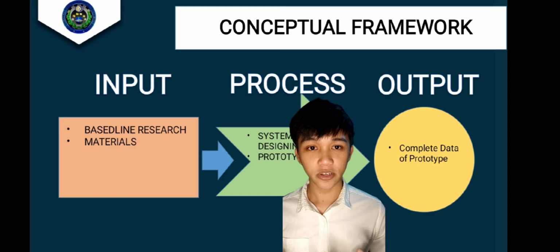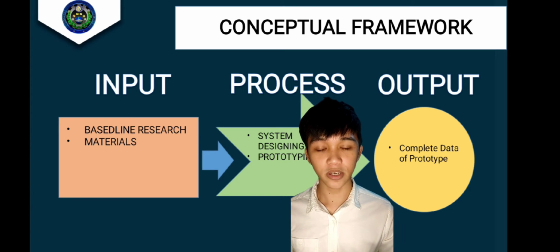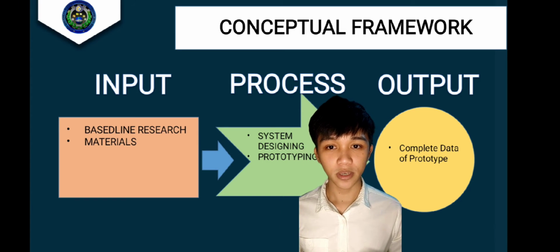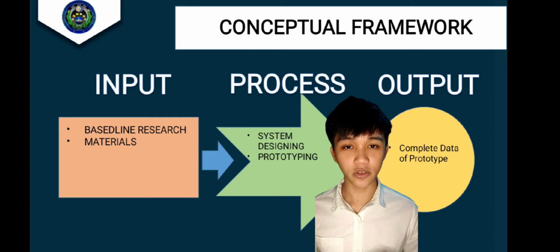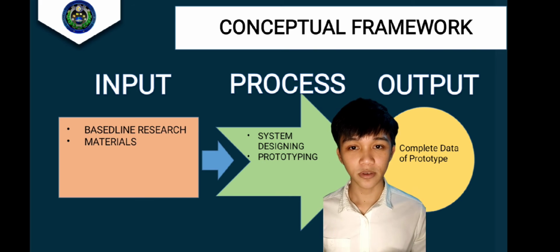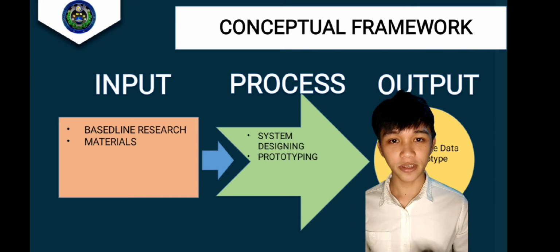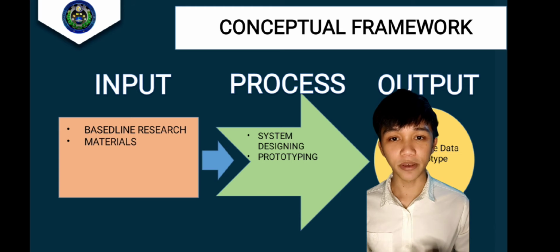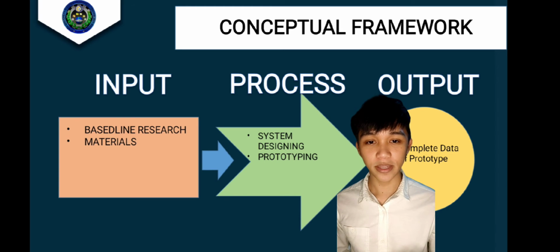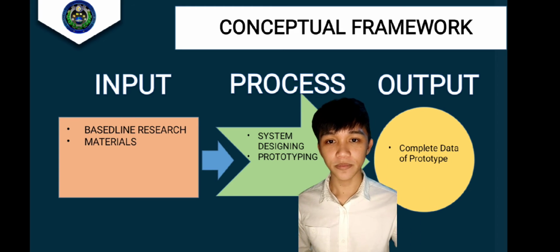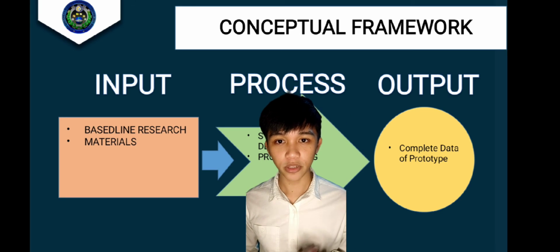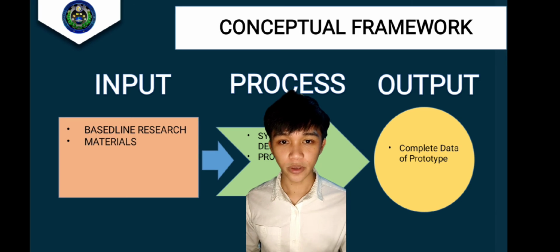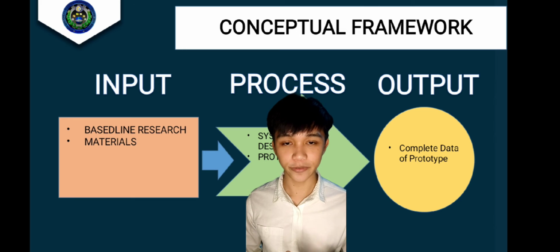Along with strategies such as the use of control groups, it also helps in attributing change in the target population to the project. In the process, we have the system design and prototyping, and this time we're going to plan the design of our project. Output: the complete data and prototype of the innovation of an air cooler using microcontroller and sensor.